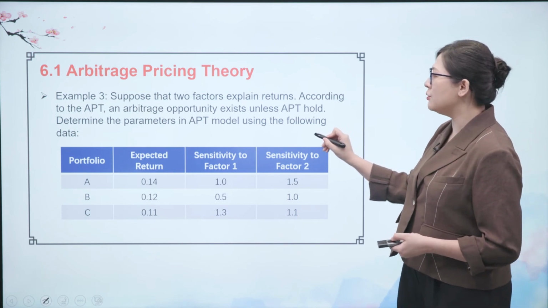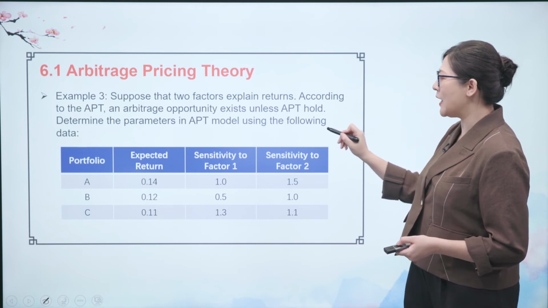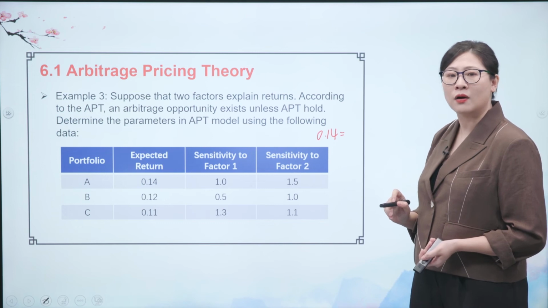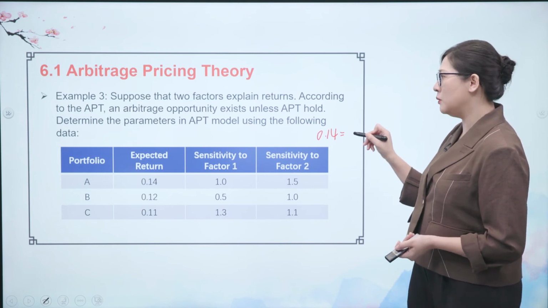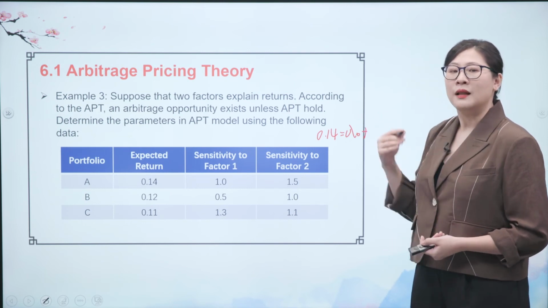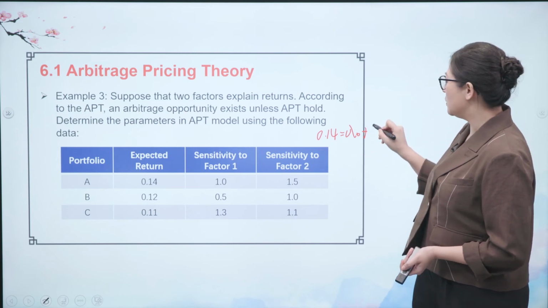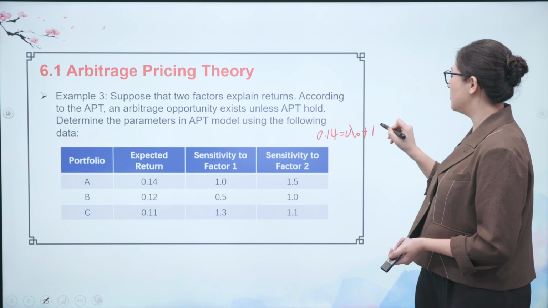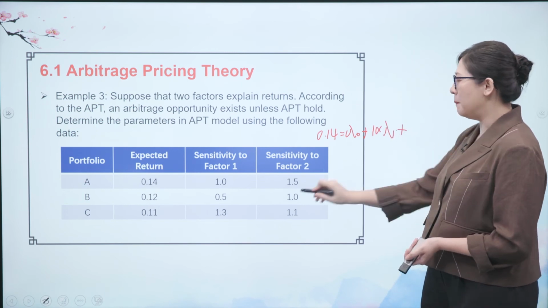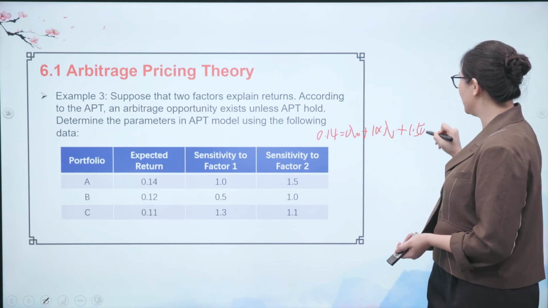You just use the expected return for portfolio A: 0.14 should equal lambda 0, which we don't know yet, plus lambda 1 multiplied by B1, where B1 is 1 here, plus B2, which is 1.5, so 1.5 multiplied by lambda 2.